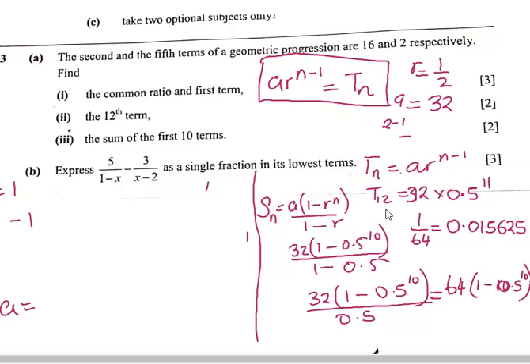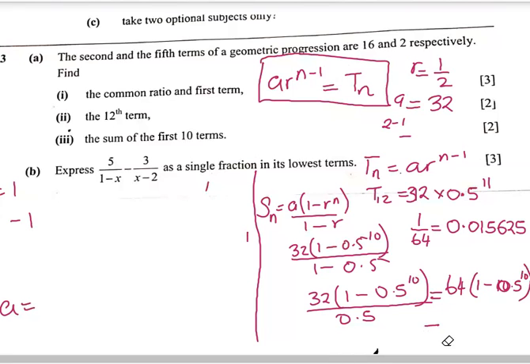Let's see if we're going to get the same thing. 1 minus 0.5 to the power 10, and we close. Okay, we are not going to get 9.